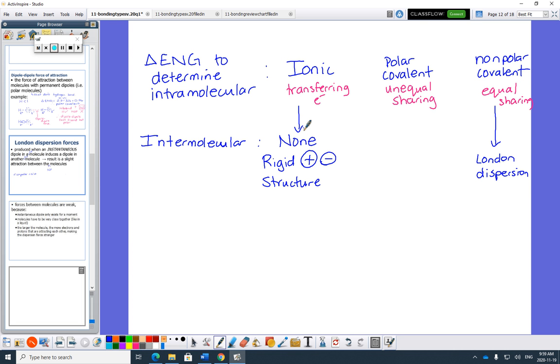So then polar covalent, which is unequal sharing, this is where you have choice. So I recommend you check for hydrogen bonding first.